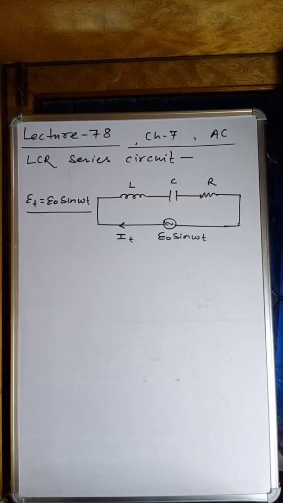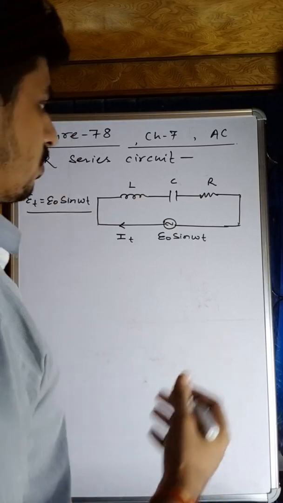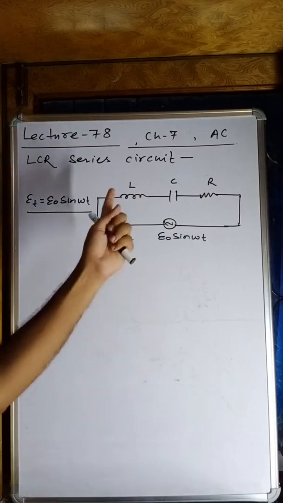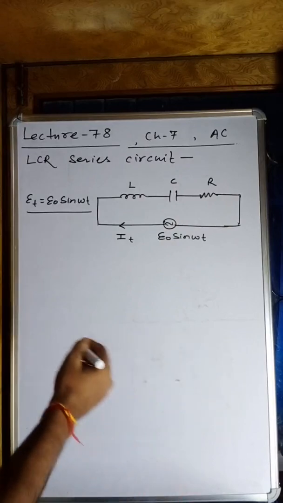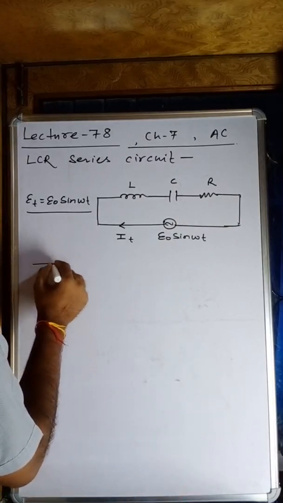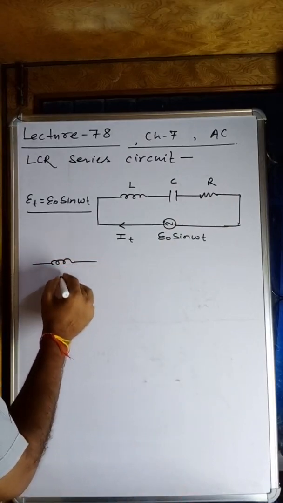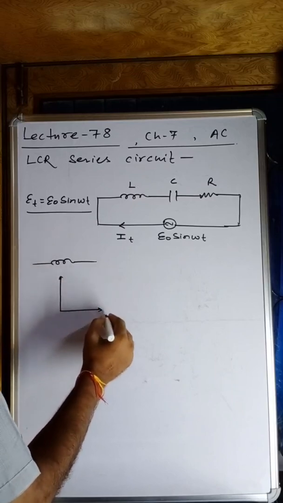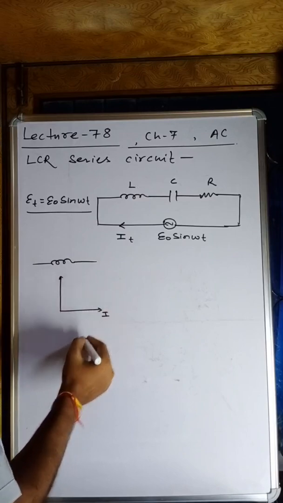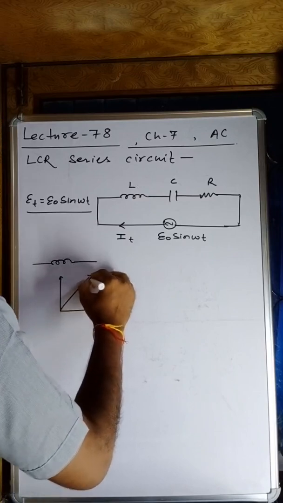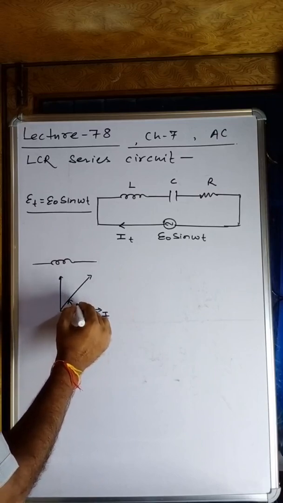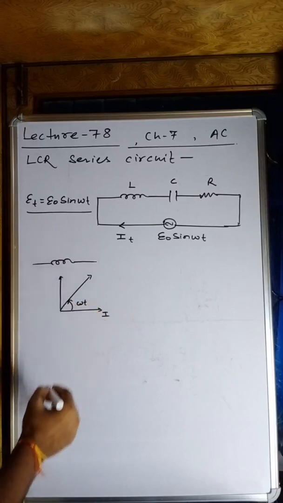Okay my dear students, if we try to focus on the individual L, C and R, what will we get for this L? If this is the current I, then E rotates with omega t.